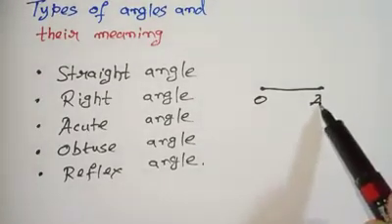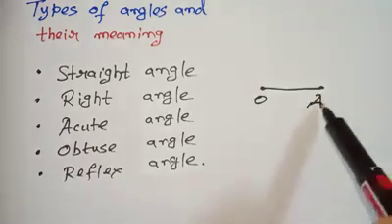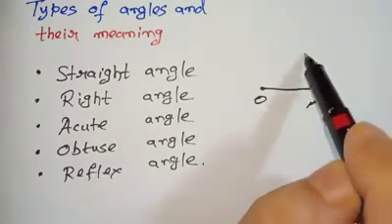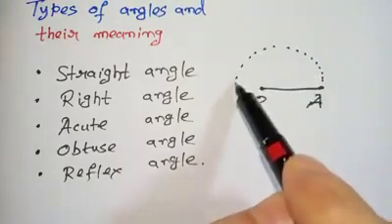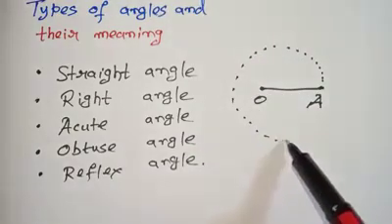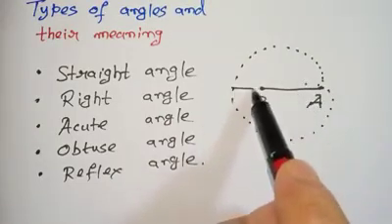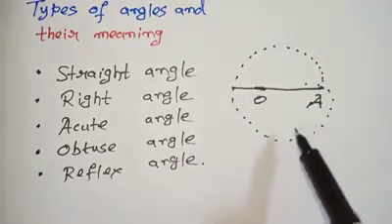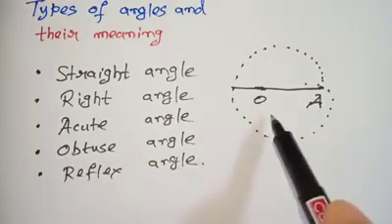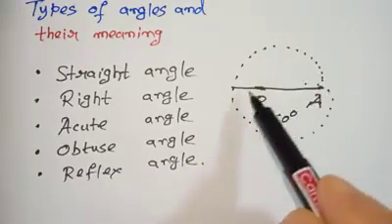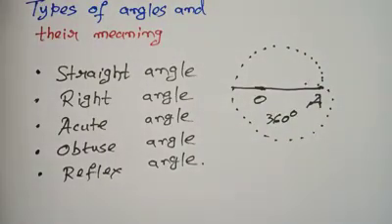And if we take a complete rotation of this angle, right from here it starts and it goes on rotating for a complete cycle, then we know that what we get over here is a 360 degrees angle, if we make a complete rotation.